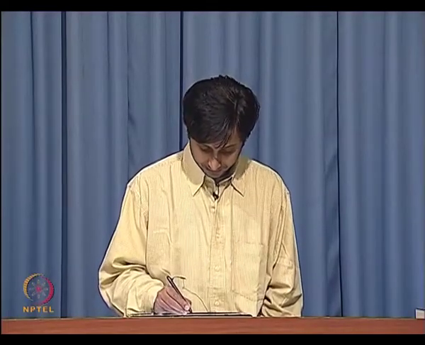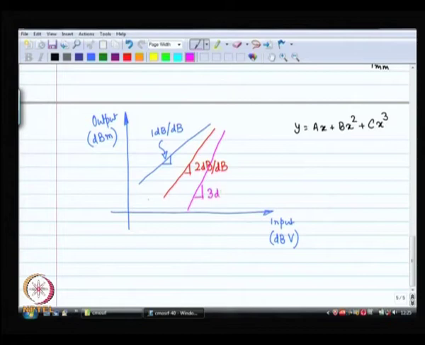If I increase the amplitude of x by 1 decibel, then the amplitude of cos 3 theta is going to increase by 3 decibels. So, what you are going to find is that the third harmonic goes up by 3 decibels.